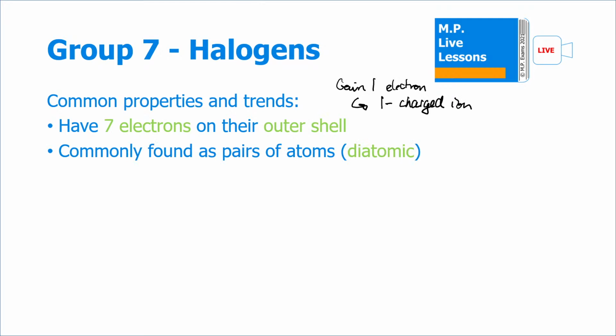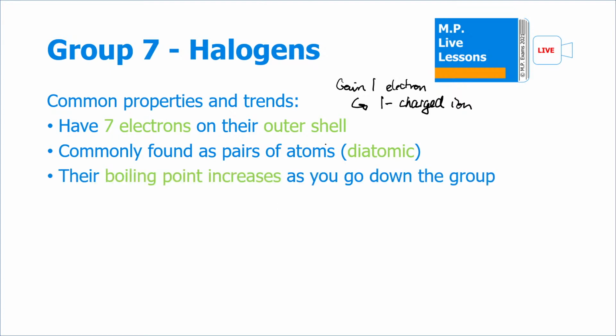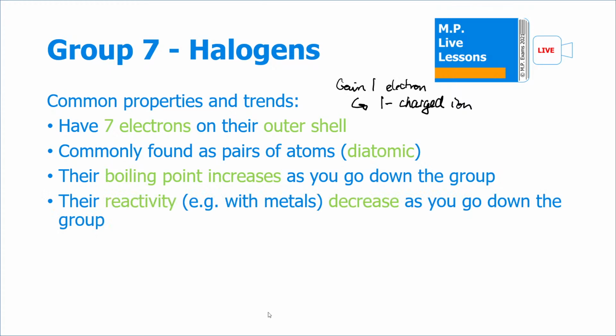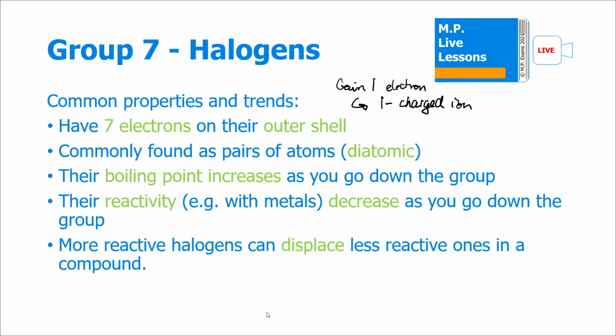These are usually found as pairs of atoms in a molecule, or diatomic molecules. Their boiling point increases as you go down the group. Their reactivity decreases as you go down the group. And more reactive halogens can displace less reactive ones in a compound.